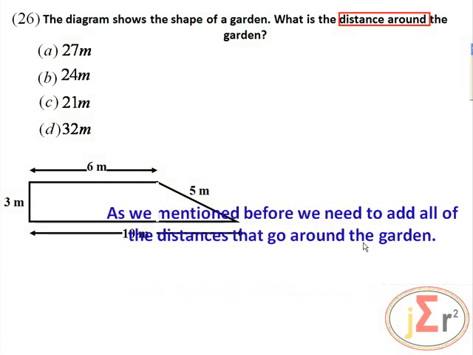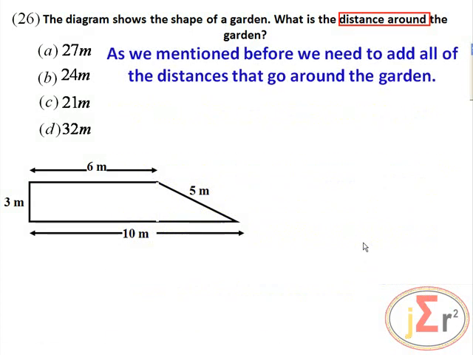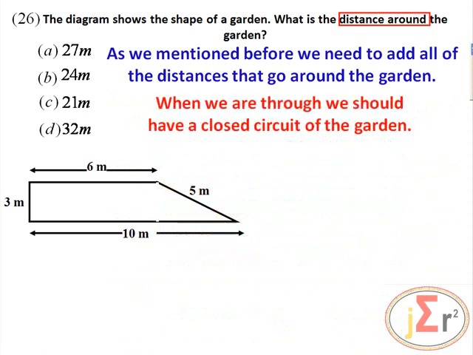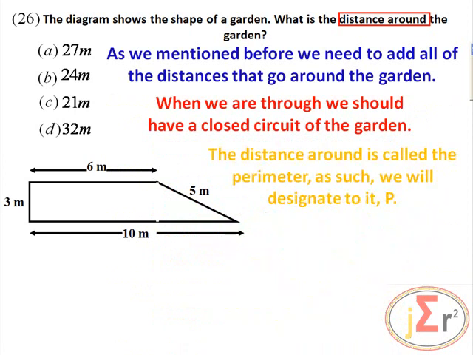Distance around. As we mentioned before, we need to add all of the distances that go around the garden. When we are through, we should have a closed circuit of the garden. The distance around is called what? Perimeter.